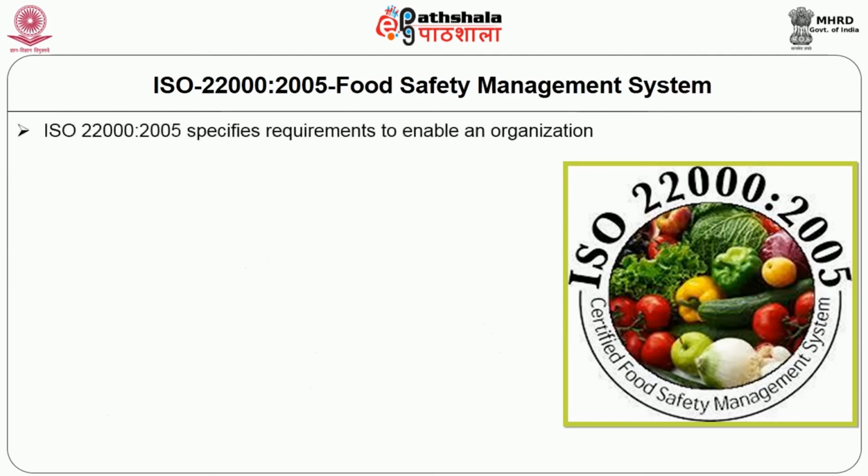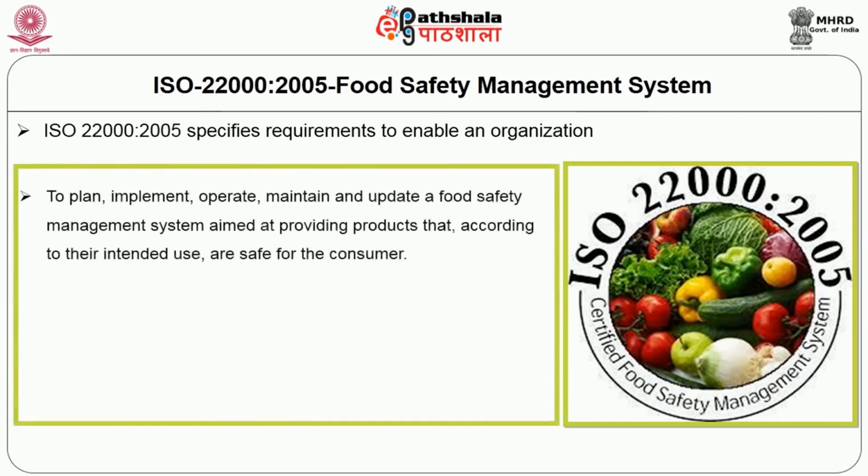It specifies requirements to enable an organization to plan, implement, operate, maintain, and update a food safety management system aimed at providing products that, according to their intended use, are safe for the consumer.